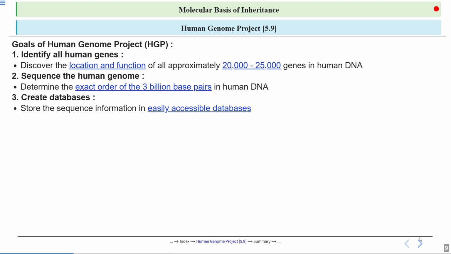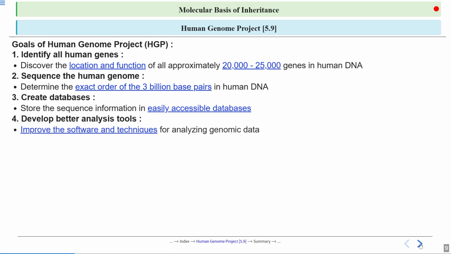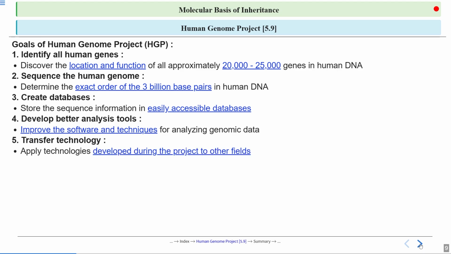Databases are places where they will store the sequence information in easily accessible form. Then develop better analysis tools, improving software and techniques for analyzing genomic data. Then transfer technology, applying technologies developed during the project to other fields also.